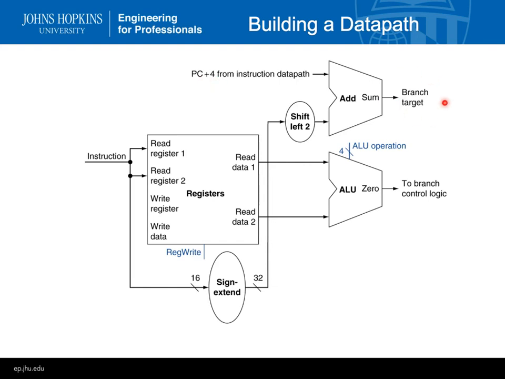And that's the new address we want to fetch next time. Then this ALU will determine if these two registers are equal. And then we're going to see some logic in a second, where it's going to decide, if that's a 0, then go to this address, and we'll see that shortly.